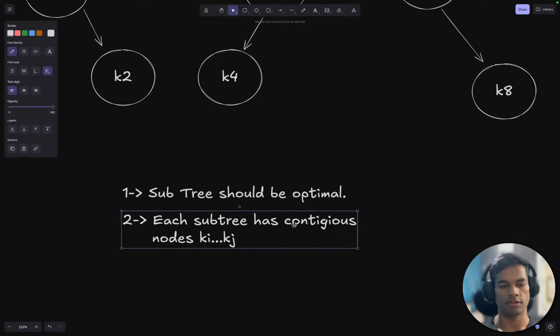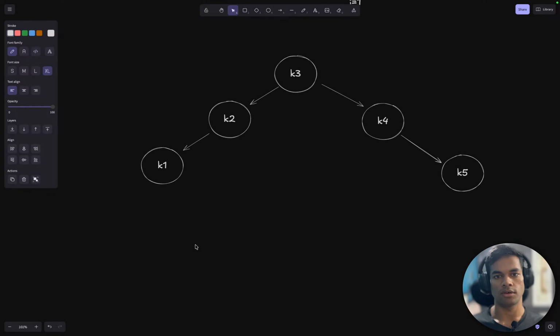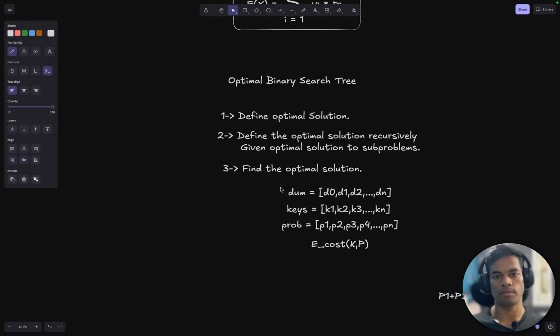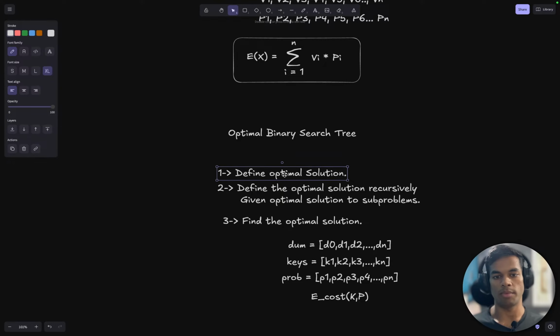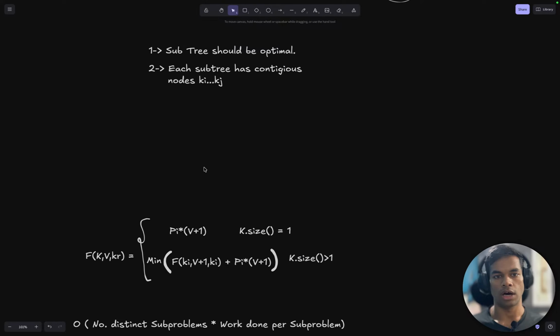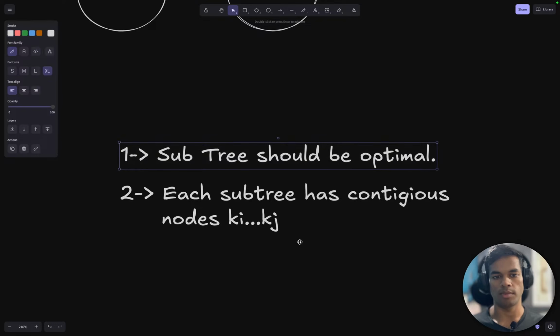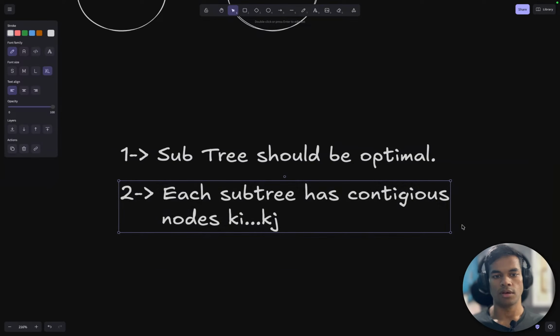Those are the two things that we have established on step 1, which is define optimal solution. And that is how we define our optimal solution. In our optimal solution, each subtree should also be optimal. And second, each subtree has contiguous keys.